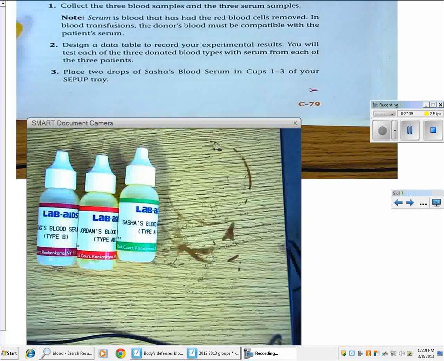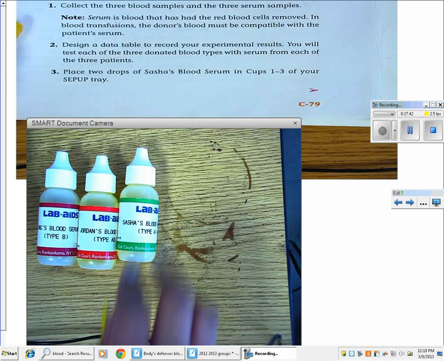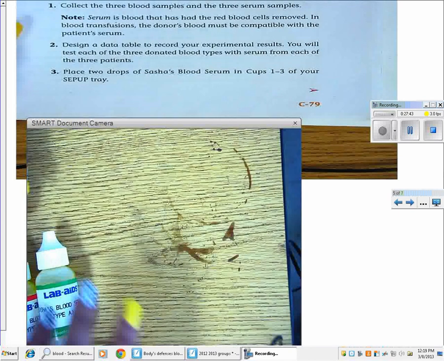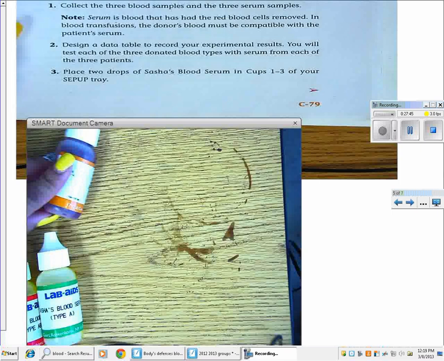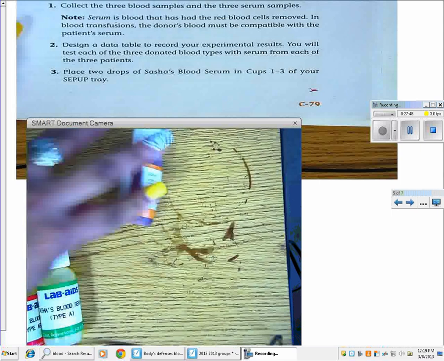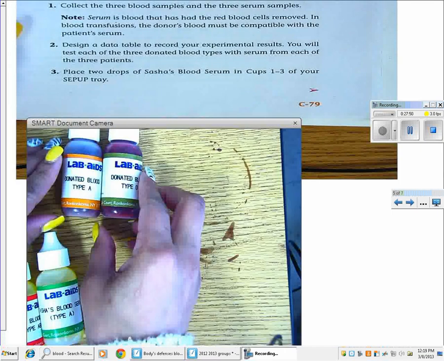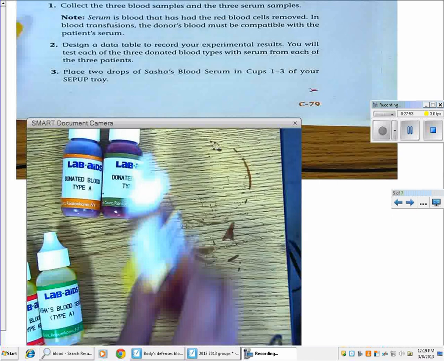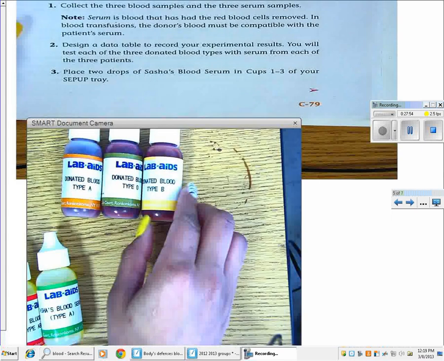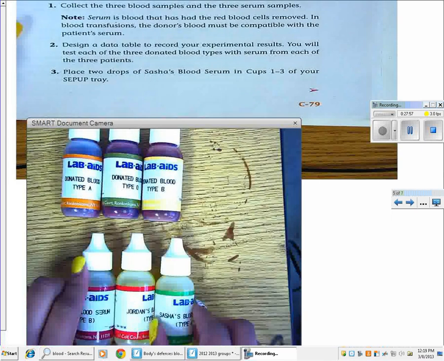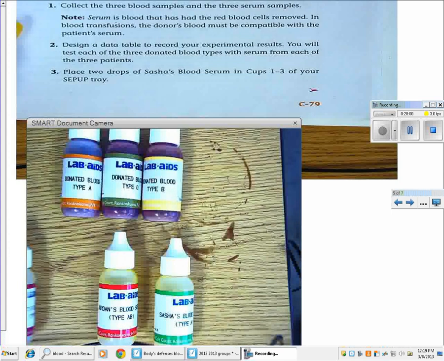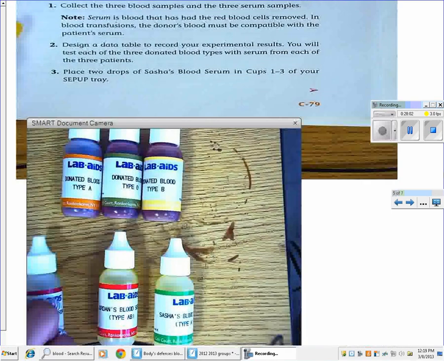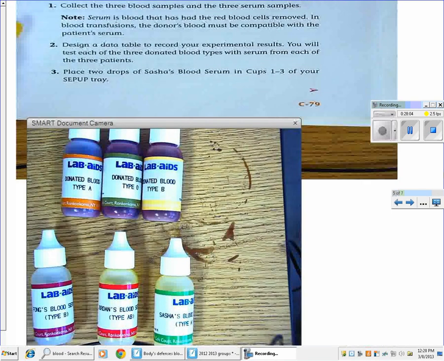And here we have your 3 blood samples. You need to know that serum is blood that has the red blood cells removed. In blood transfusions, the donor's blood must be compatible with the patient's serum.